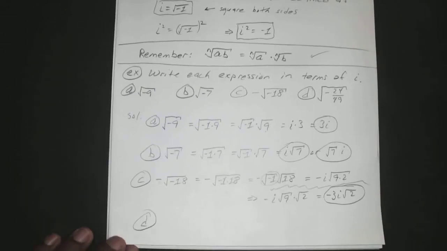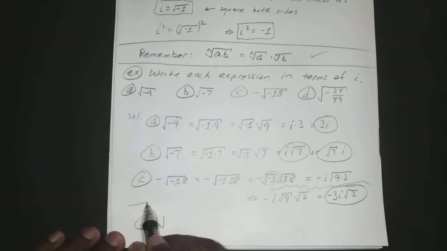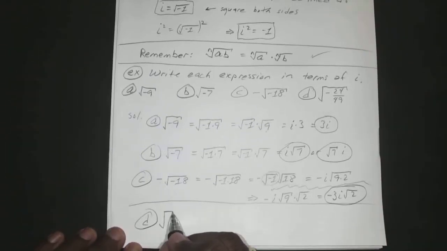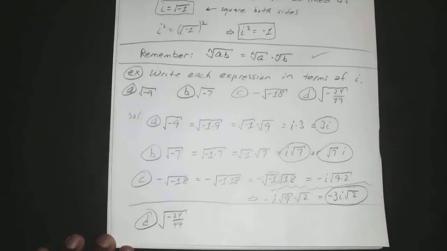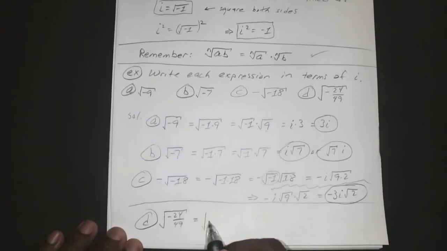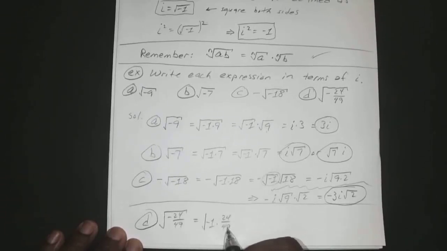All right. So for D, you have the square root of -24/49. Okay, so just like before, we can get that -1 times 24/49.